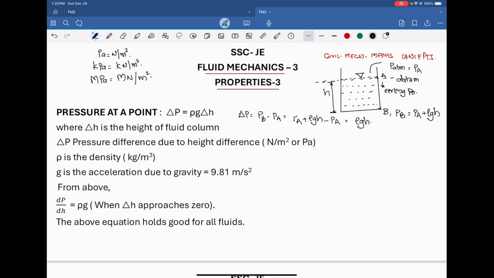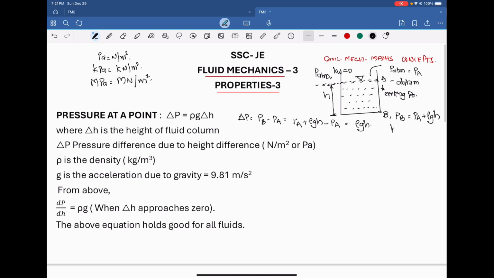At P atmosphere, the water column is equal to 0. At PB, the water column is equal to h. Please try to understand this. Water column here is hWA and hWB. What is the water column at point A? It is 0. Water column at point B is h.